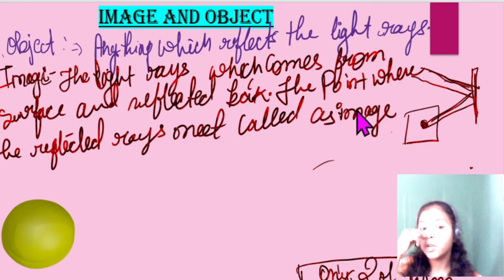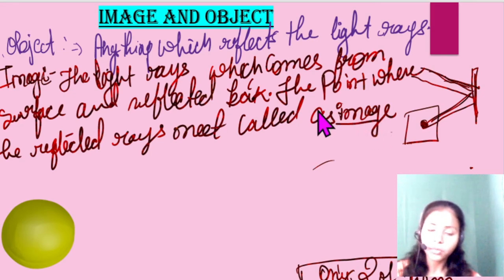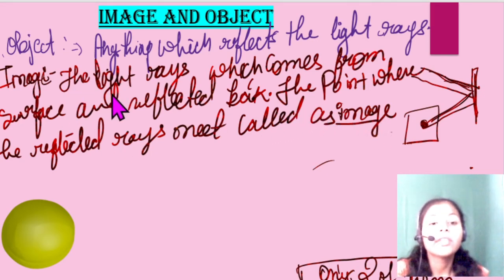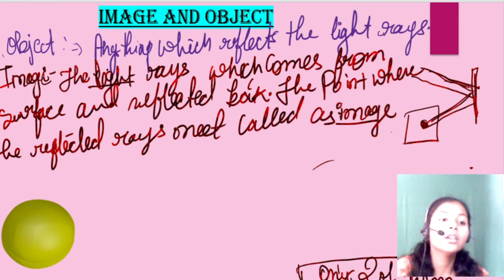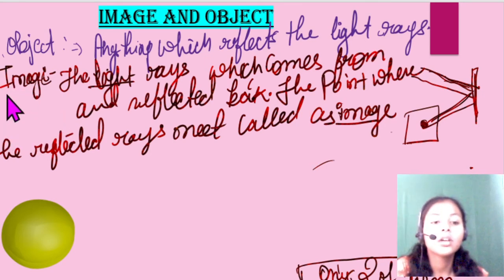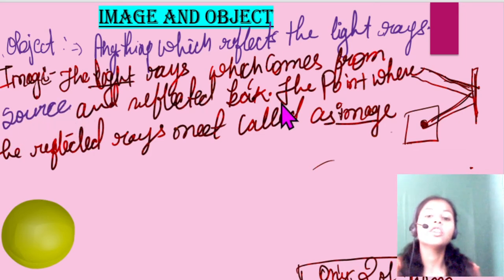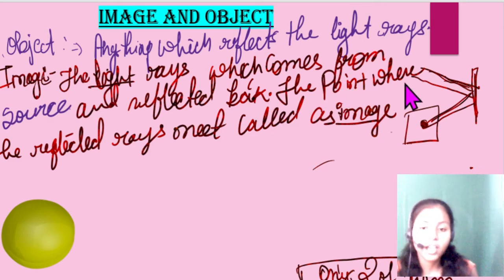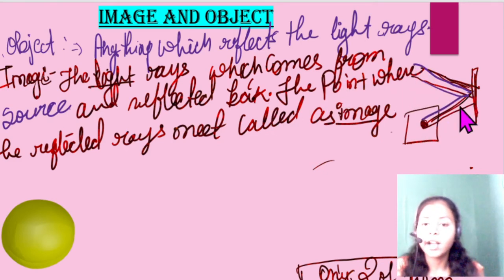So I hope that you have understood the definition of the image. What is the definition of image? The light rays which come from a source, you can tell here is the source, because the light ray is coming from the source and reflected back.